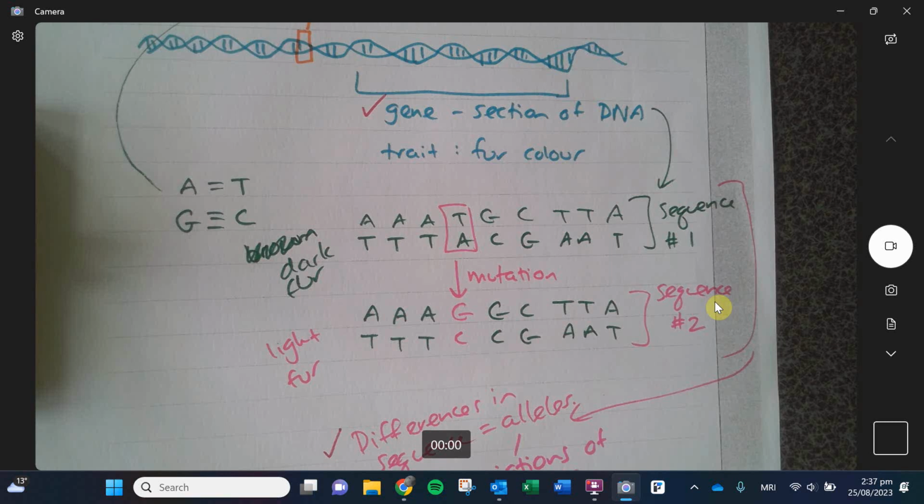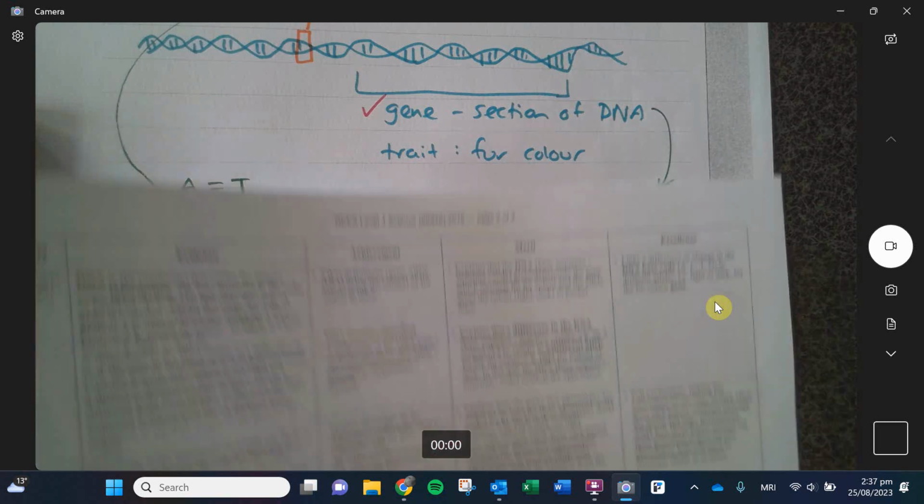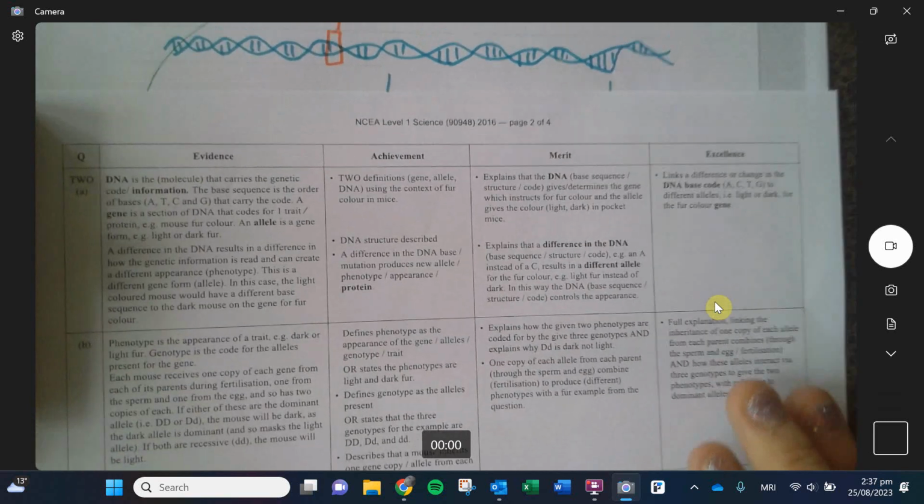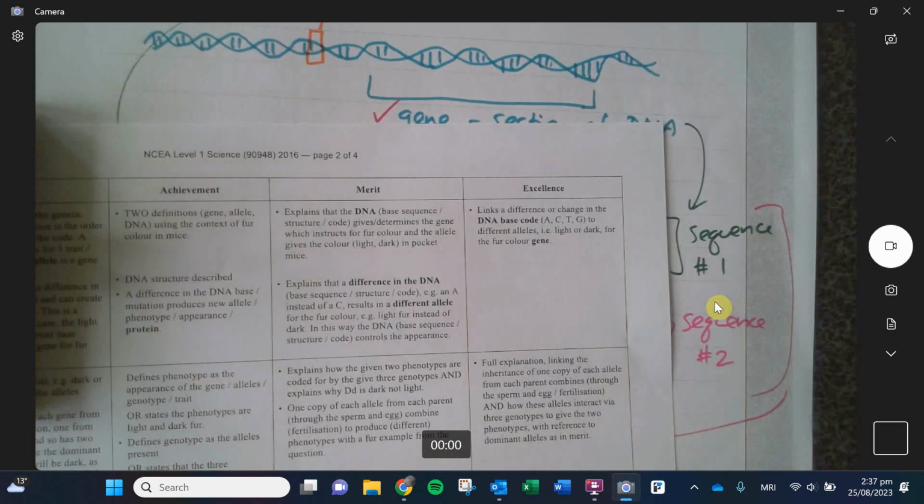Cool. Keep going. All right. The thing that's going to be a bit tricky about genetics is that they don't really have a good way to kind of distinguish between achieve, merit, and excellence, because sometimes they use very vague language like explain or in-depth or fully comprehend. So it's all kind of like flowery language, whereas the other sciences are much more distinct on what we're looking for.